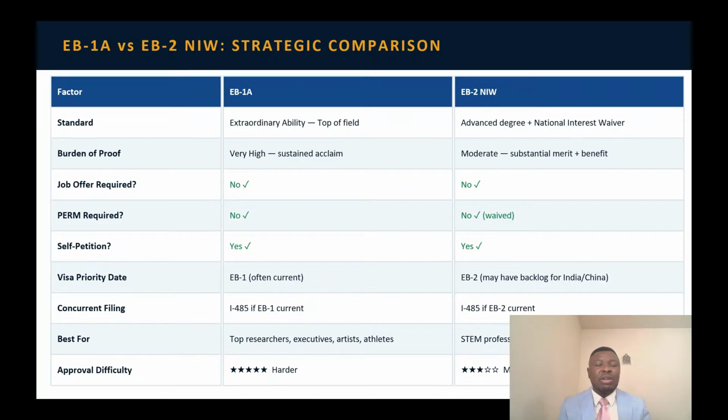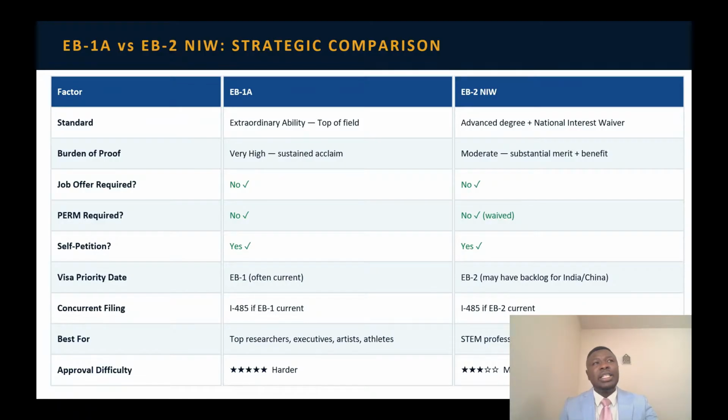Now, I'd like to do a strategic comparison between EB1 and EB2 NIW. One of the questions that I get most of the time is people asking me whether they should go for EB1 or they should go for EB2.